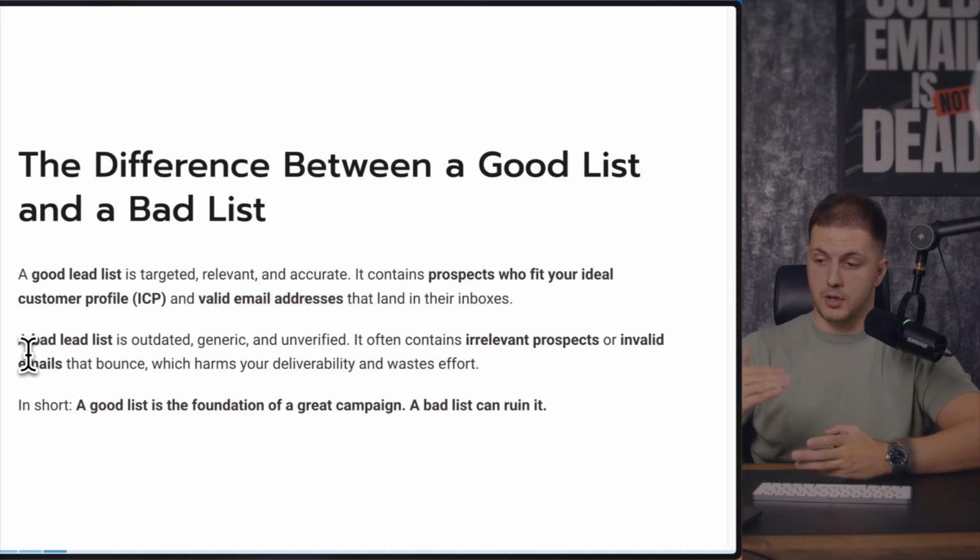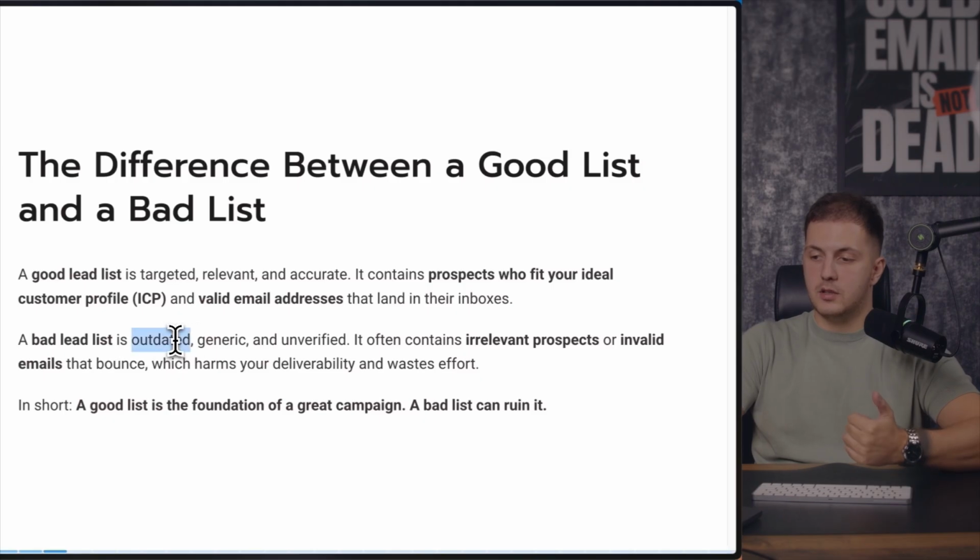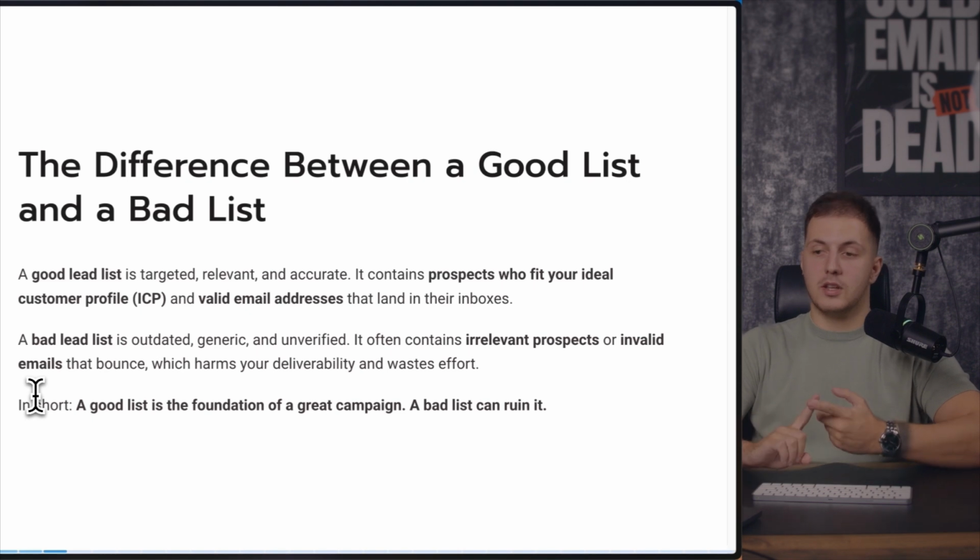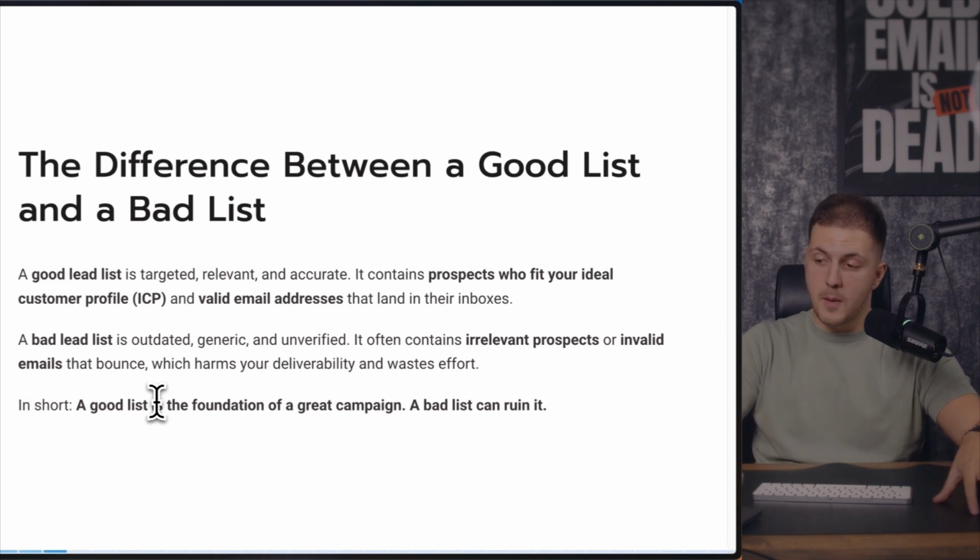A bad list, on the other hand, is usually outdated, generic, and unverified. It often contains irrelevant prospects or invalid emails that usually bounce, which harms your deliverability and wastes effort. In short, a good list is a foundation for a great campaign, and a bad list can ruin it and ruin your reputation in the long run.